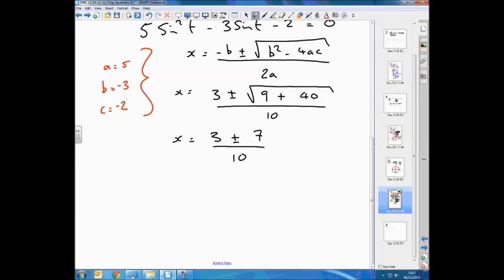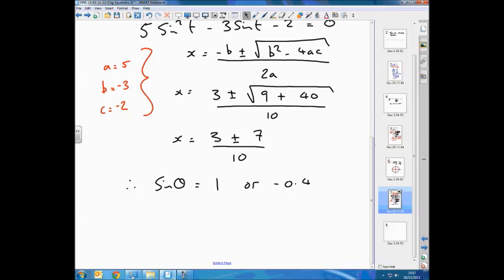So x equals, remember, x is sine t. So therefore sine t equals 3 plus 7, which is 10 over 10, which is 1, or 3 minus 7, which is minus 4 over 10, minus 0.4.